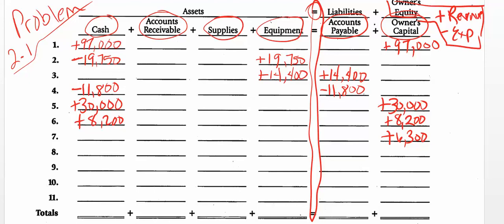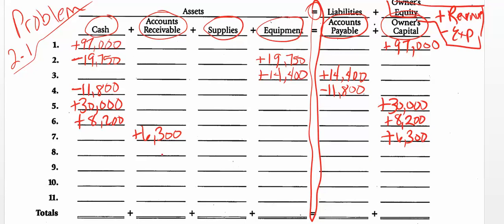Creditors. They want you to know all of the different ways to say this. So we performed services for $6,300 on account. We get the $6,300 in our capital through revenue, and our customer is going to pay us later. That's accounts receivable. That's someone's going to pay us on account.